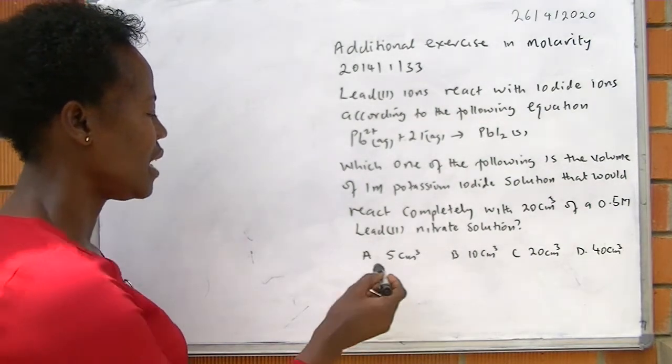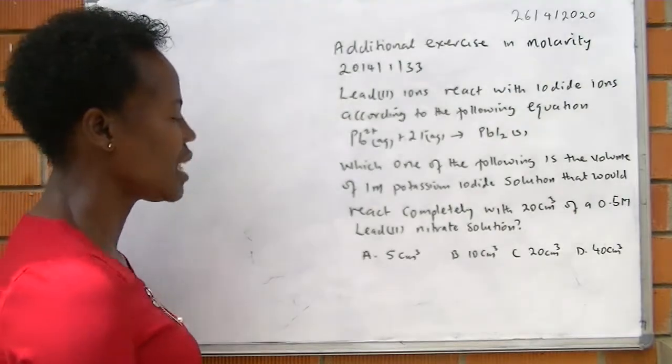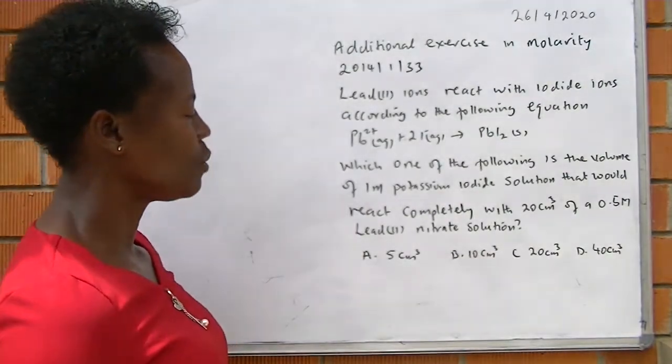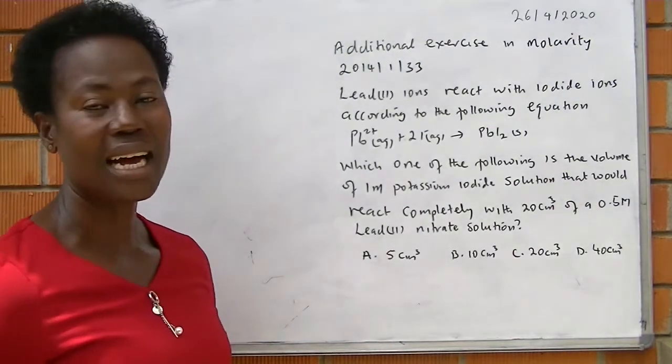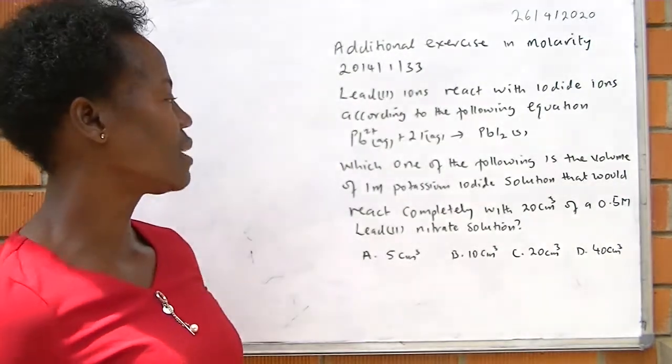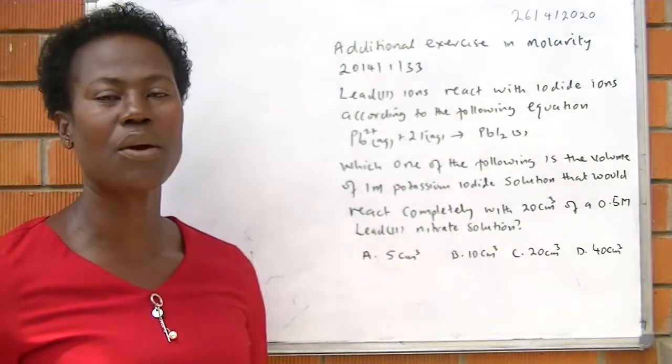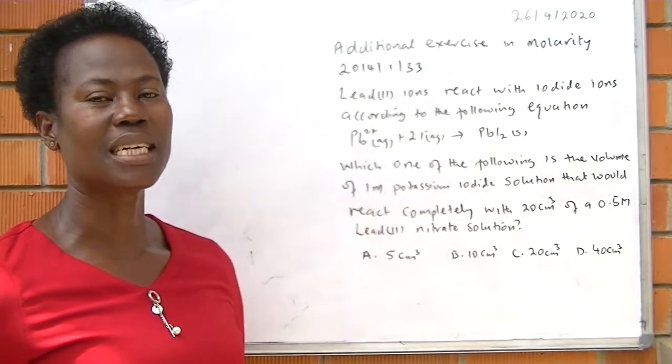We are told A is 5 cubic centimeters, B 10 cubic centimeters, C 20 cubic centimeters, and D 40 cubic centimeters. So that is another way of treating molarity.